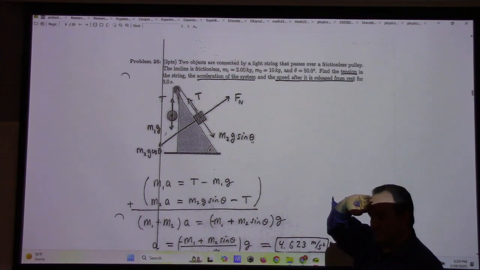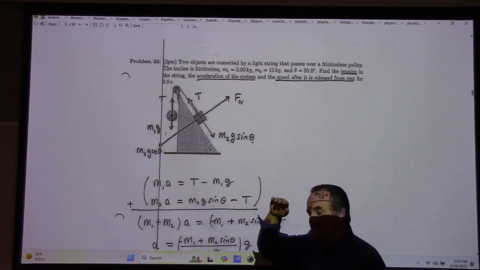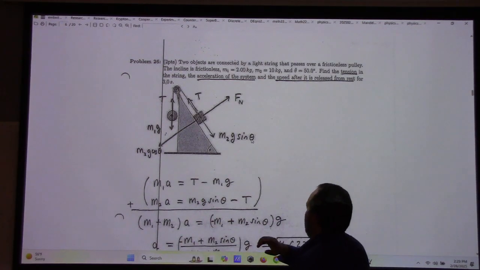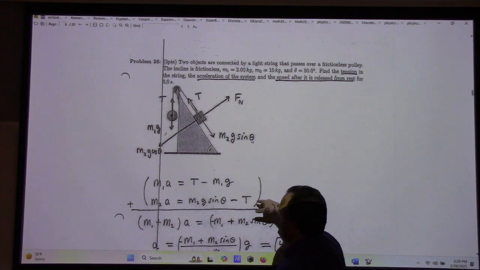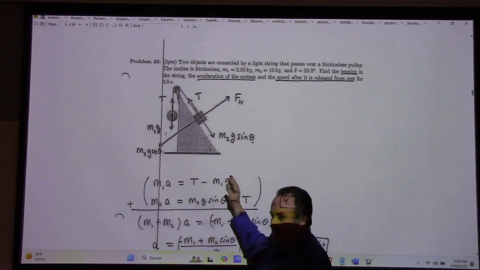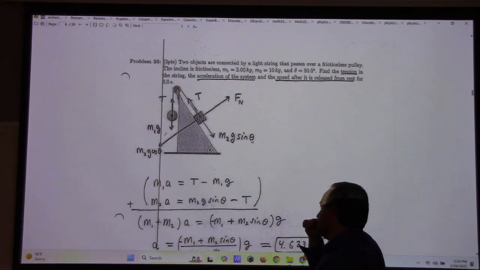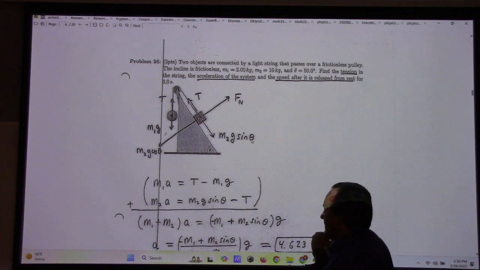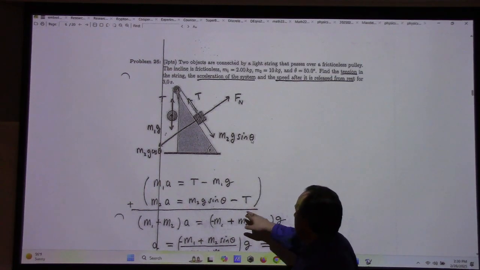You could just put plus the force of friction, with the understanding that it's positive if it goes up or negative if it goes down. Yeah, sure, we could do that. The question depends on how it's asked, whether or not I need to put the sign in there or not. Fair enough.